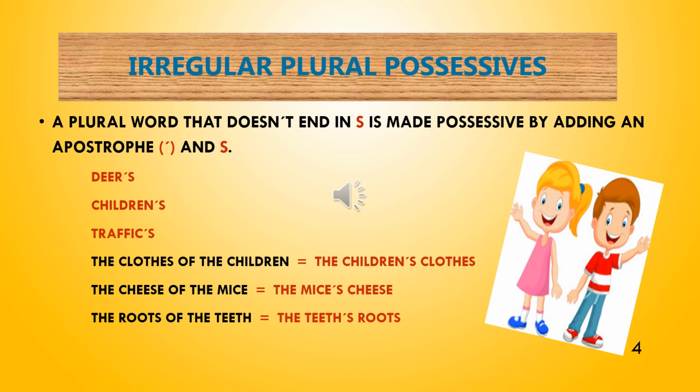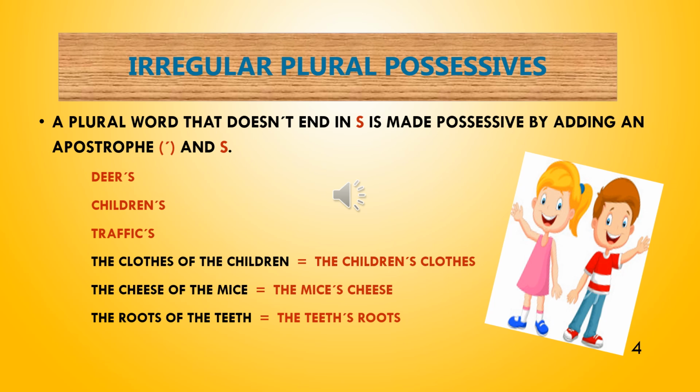Here we have the irregular plural possessive. The mice's cheese. The cheese belongs to the mice. The mice are the owners of the cheese.